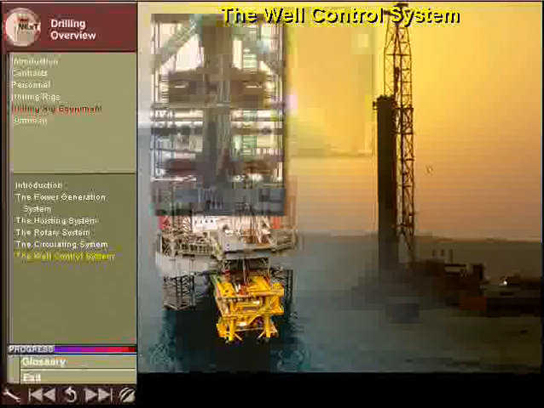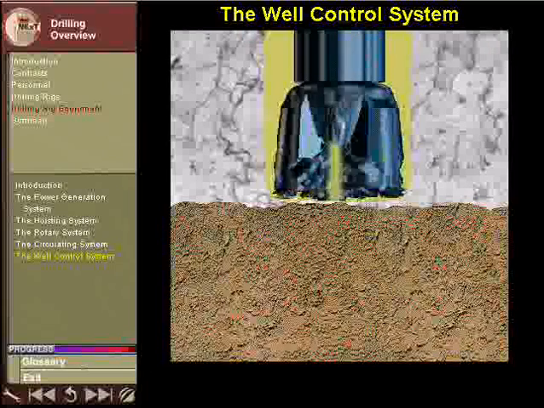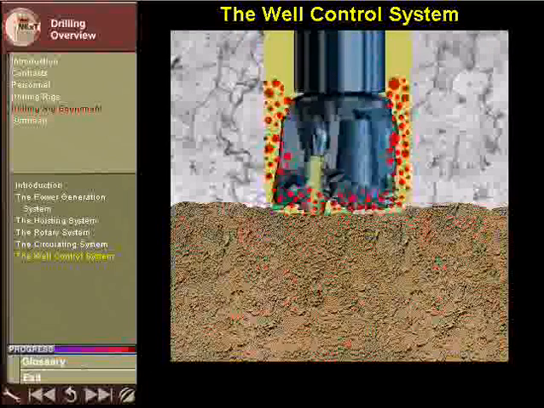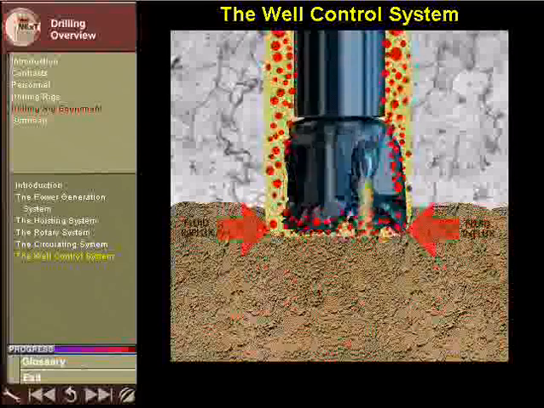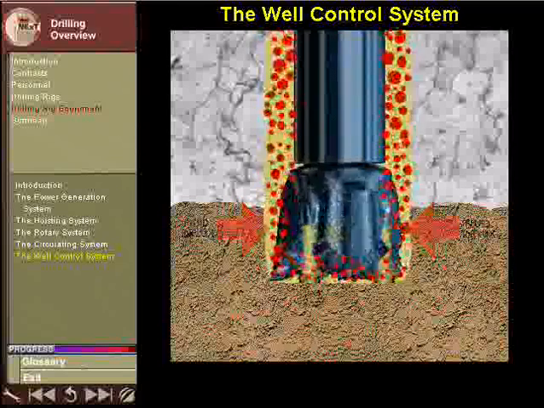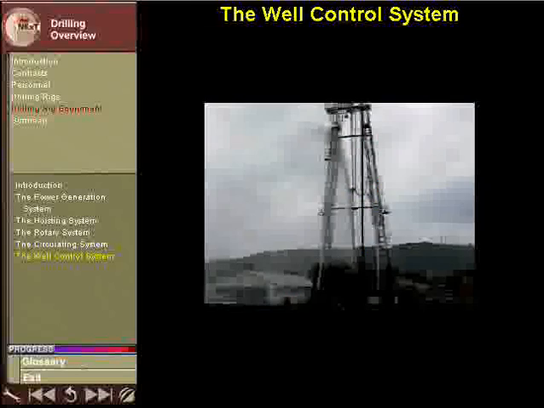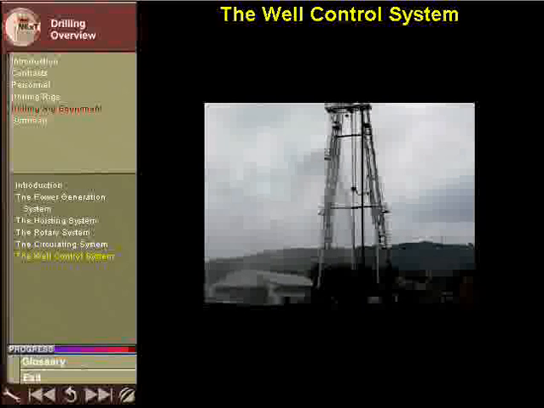The well control system must allow the driller to detect the influx of formation fluids, and close in the well until the well can be made safe to drill ahead.